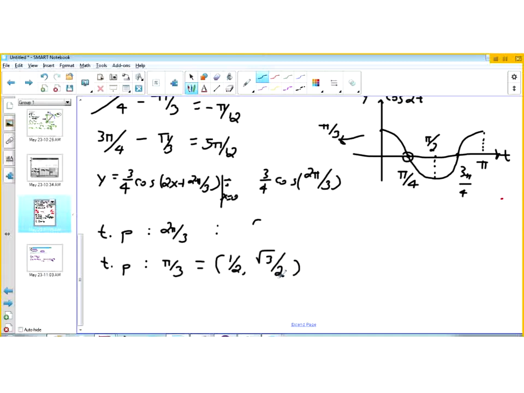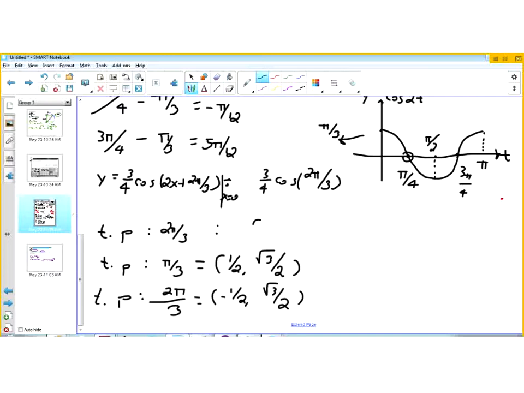Now, since 2 pi thirds is a reflection of pi thirds about the y-axis, the terminal point for 2 pi over 3 retains the ordinate but negates the abscissa. So that would be negative 1/2, square root of 3 over 2, by symmetry.